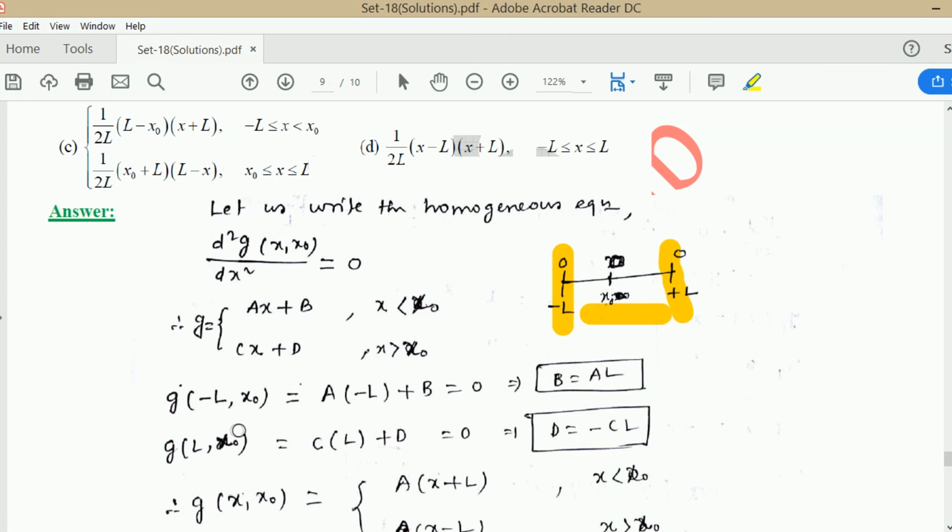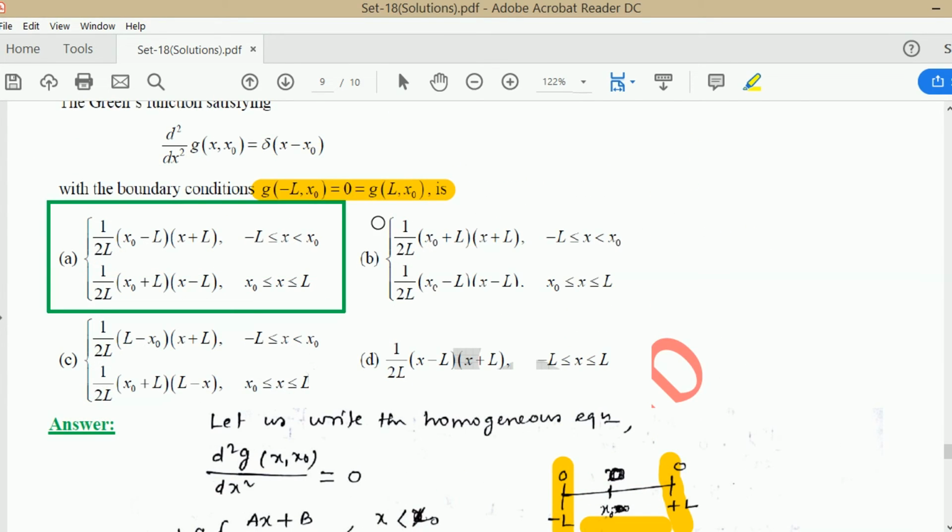So these are the y1 and y2. So what we have to find out in solving the Green's function are y1, y2 and the constant a. Okay. So here we have written y1 and y2 in terms of these 4 constants.